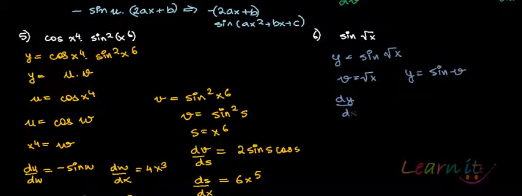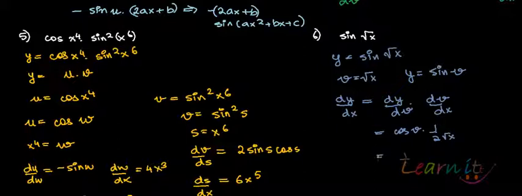So dy by dx is the product of dy by dv into dv by dx. What is dy by dv? That is cos of v. What is dv by dx? 1 upon 2 root x. So which is 1 upon 2 root x into cos of root x. So this is dy by dx.